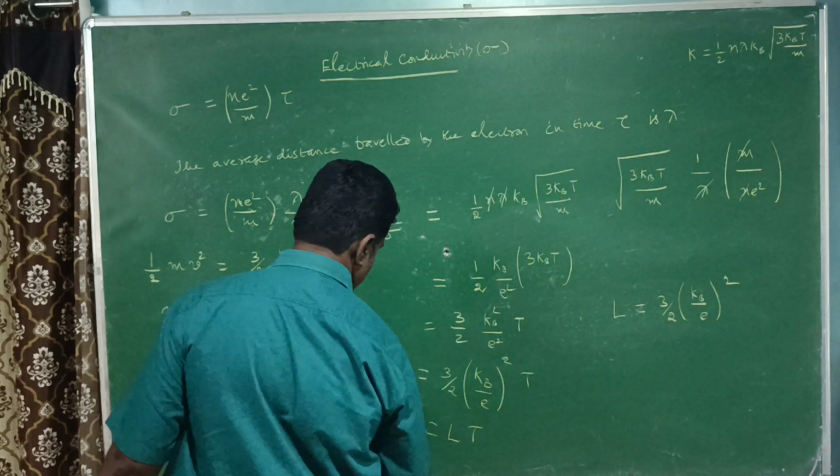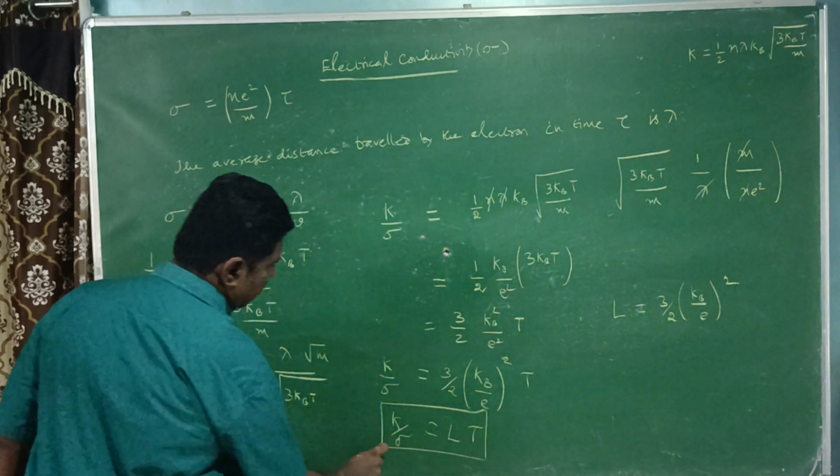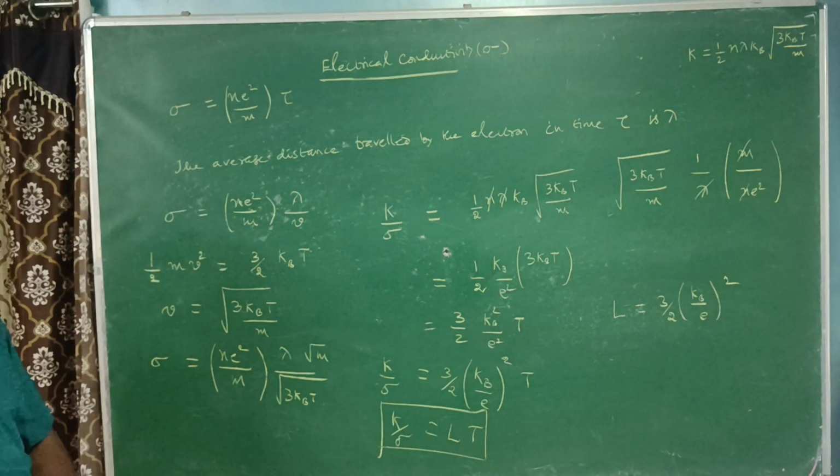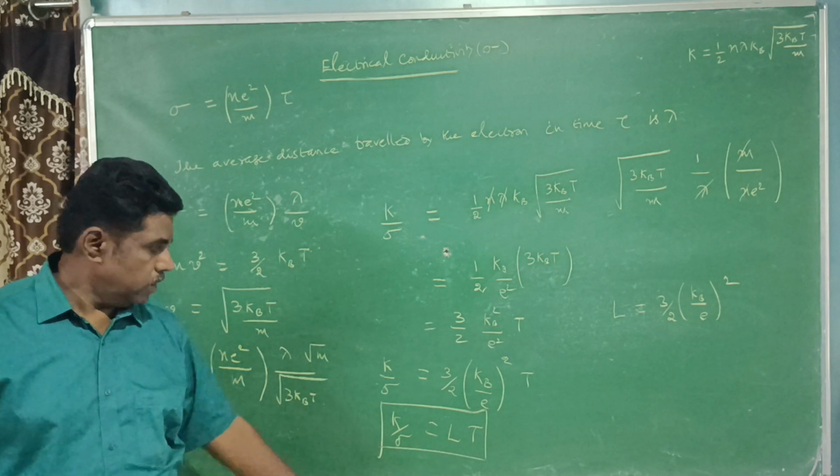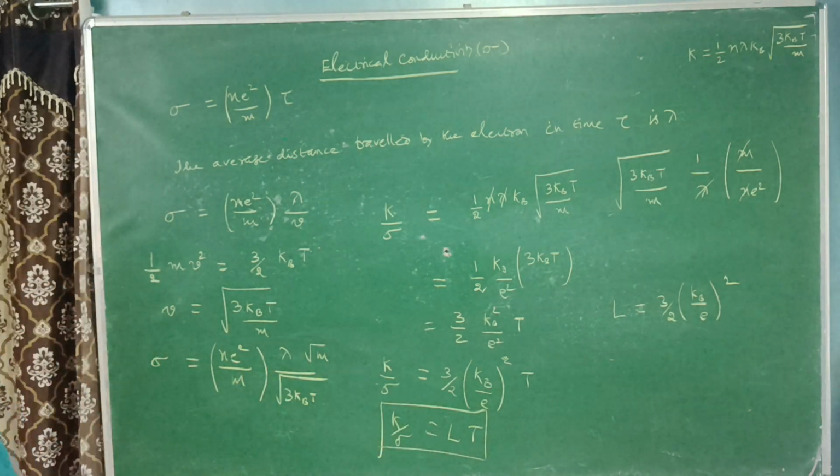Now we have arrived at the Wiedemann-Franz law. The ratio of thermal to electrical conductivity of all metals is a constant and is proportional to its absolute temperature.